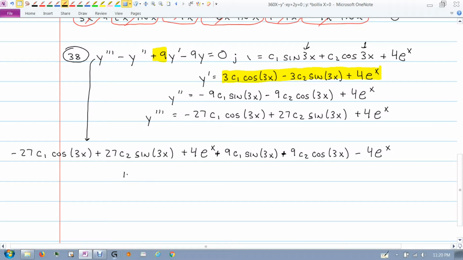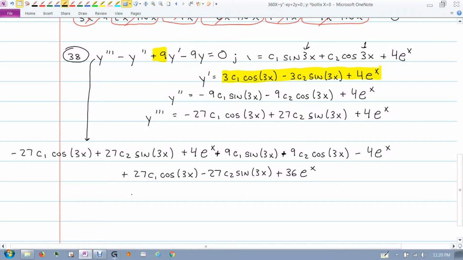You get plus 27 c sub 1 cosine 3x, and then minus 27 c sub 2 sine of 3x, and then plus, let's see, 4 times 9, 36 e to the x. So that's multiplying 9 times y prime.